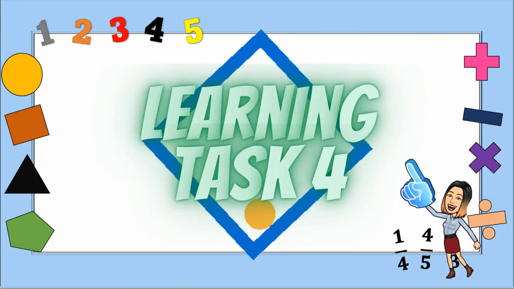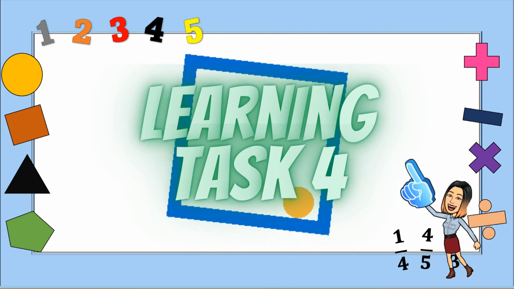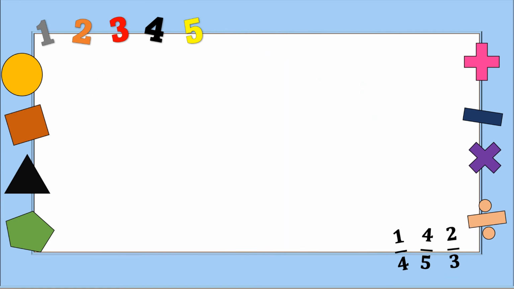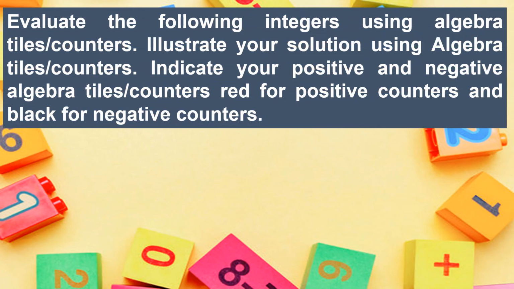Okay, so your learning task number 4. Evaluate the following integers using algebra tiles counters. Illustrate your solution using algebra tiles counters. Indicate your positive and negative algebra tiles or counters.